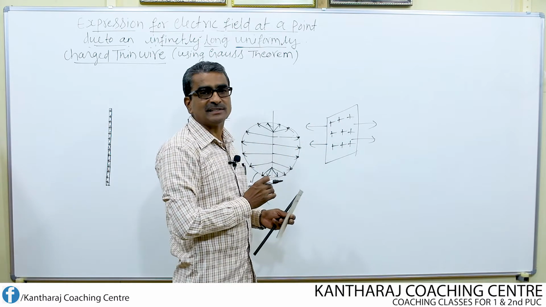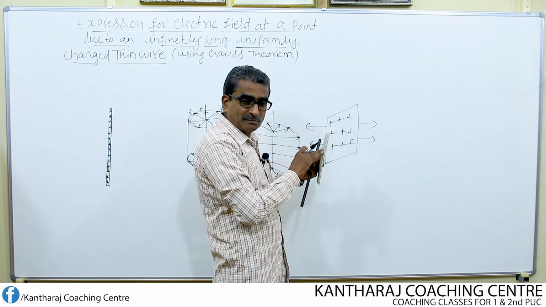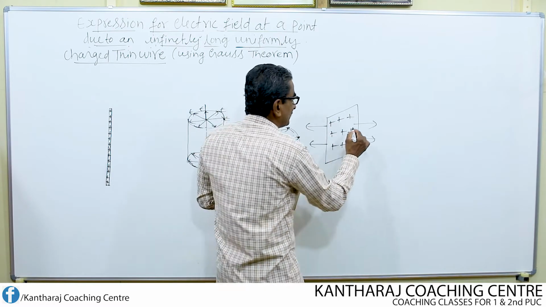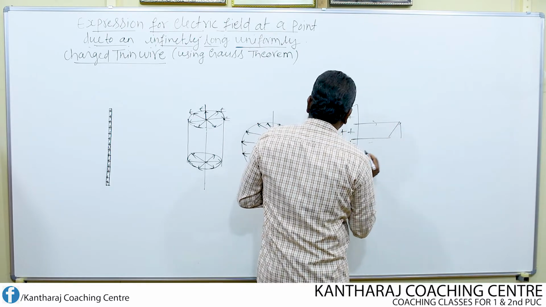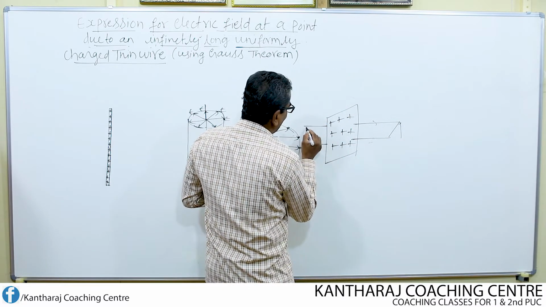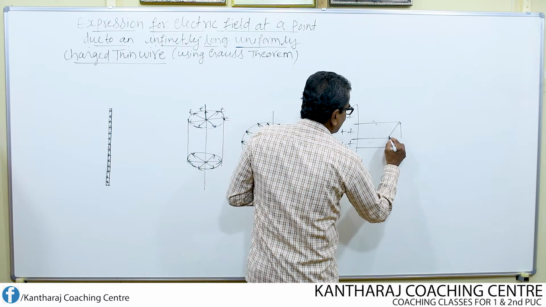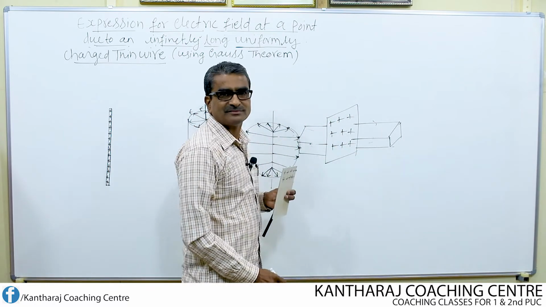That was a parallelepiped Gaussian surface. But you must know one more thing with respect to the sheet. Instead of considering a parallelepiped, a rectangular shaped Gaussian surface like this, I can also consider a cylinder.